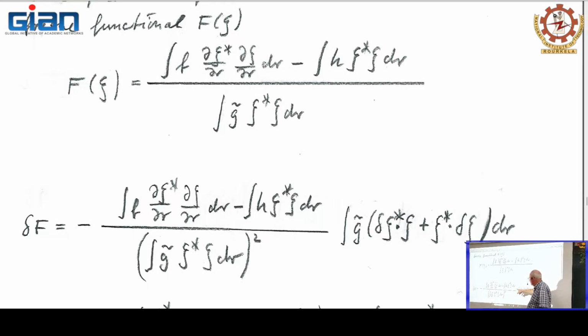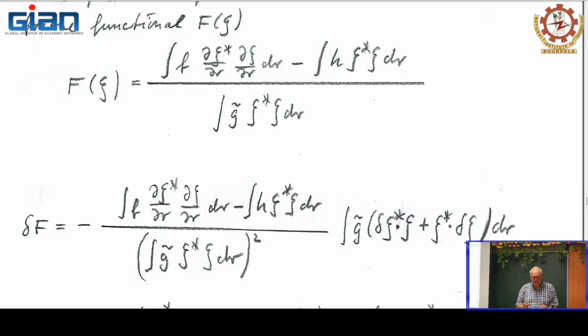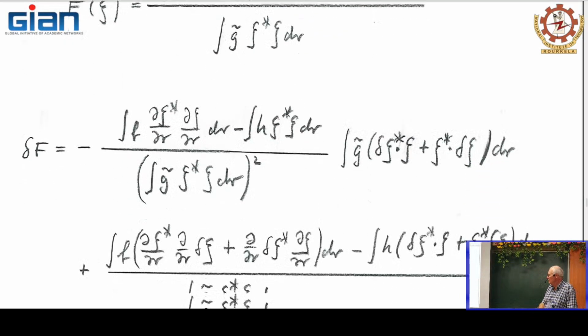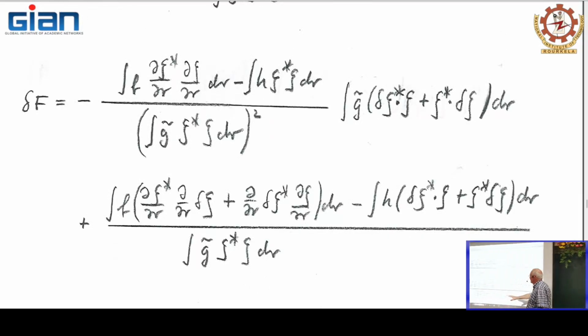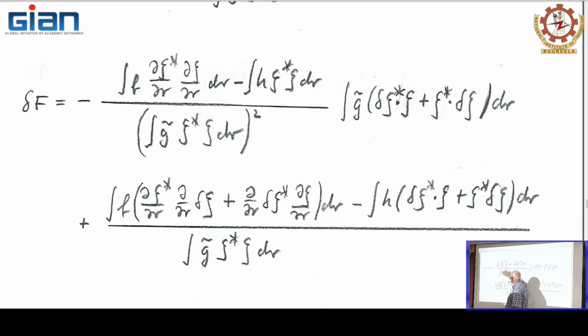Plus, the next step is then take this and keep this constant and vary the numerator. So it works like a differentiation. So this is plus, keep this part constant and vary these two integrals.